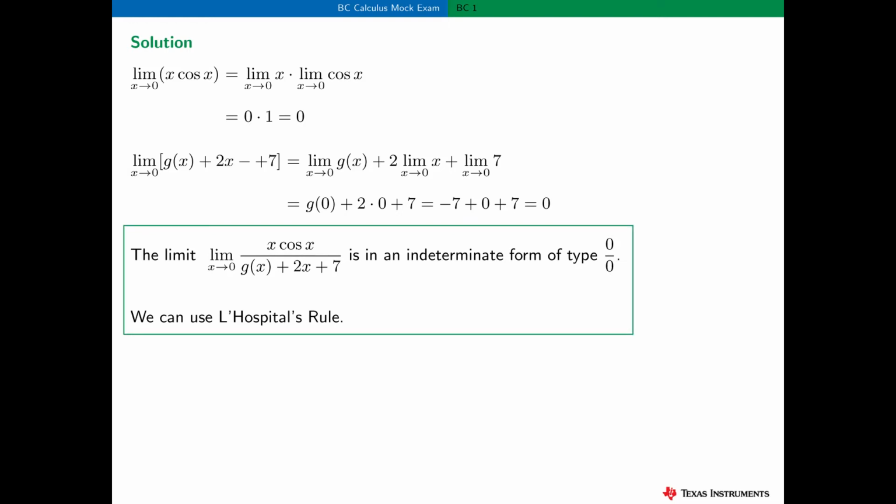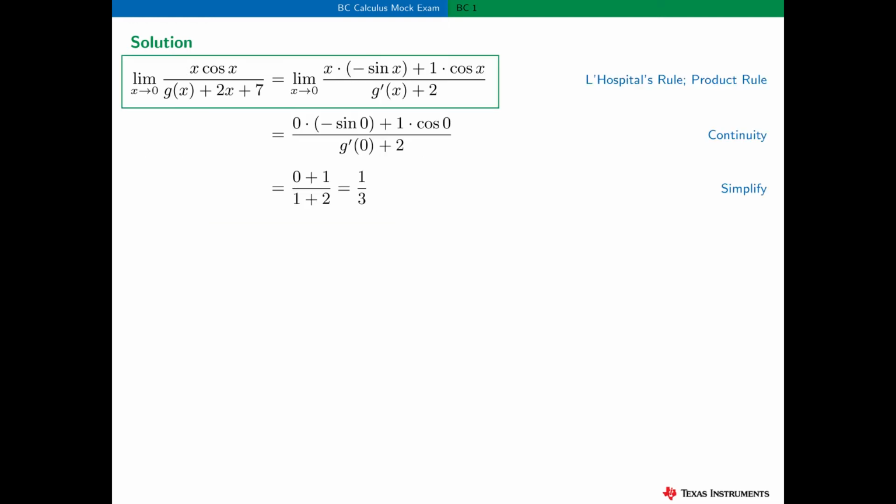So that means that the original limit is indeed in an indeterminate form of type 0 over 0, and that means we can apply L'Hopital's Rule. So let's apply L'Hopital's Rule. Take the derivative of the numerator and the derivative of the denominator. In the numerator, we need to use the product rule.